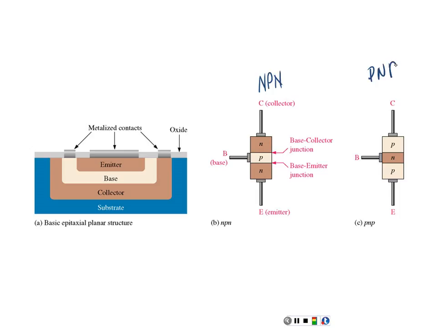And you can see how they got the name. So the NPN has a P material sandwiched between two N's, and a PNP has an N material that's sandwiched between two P's. Y'all understand that? And this is how it gets its name.